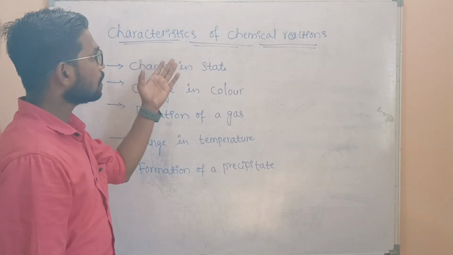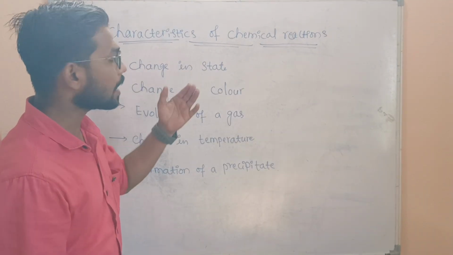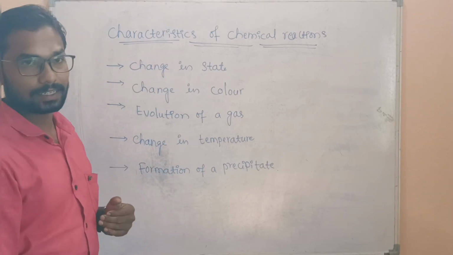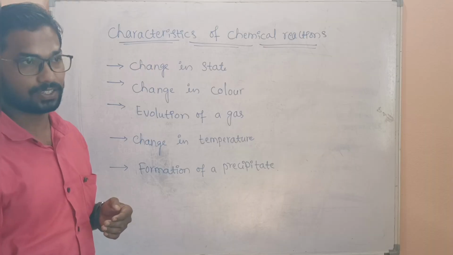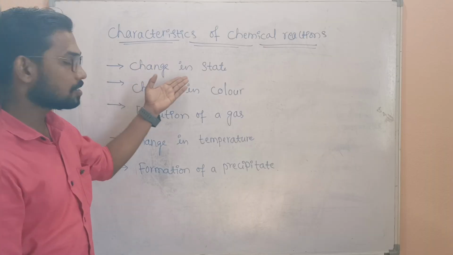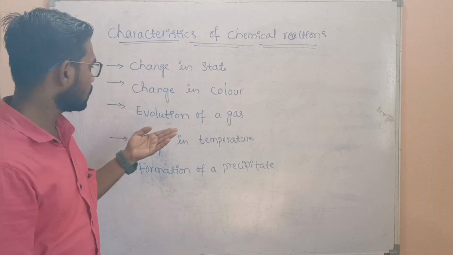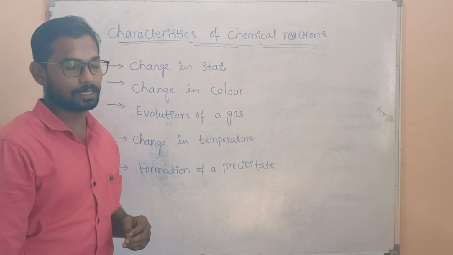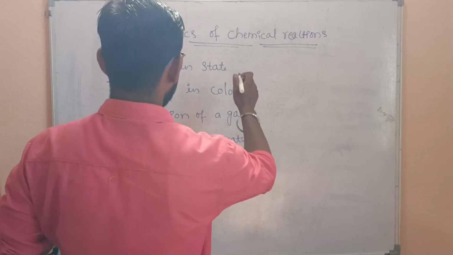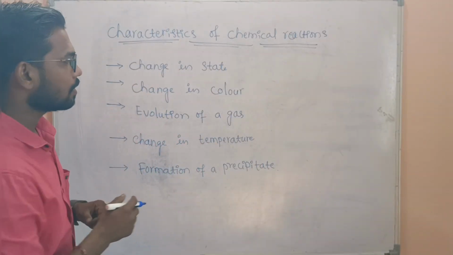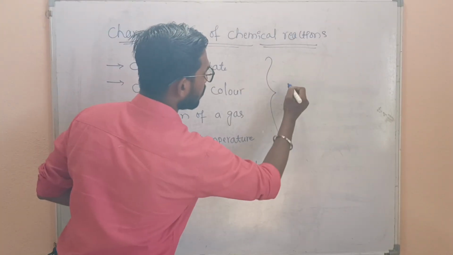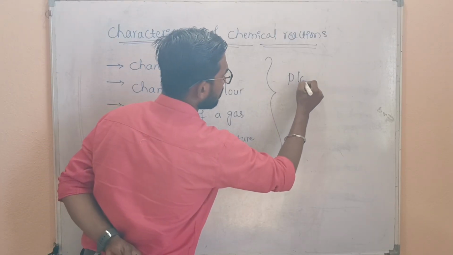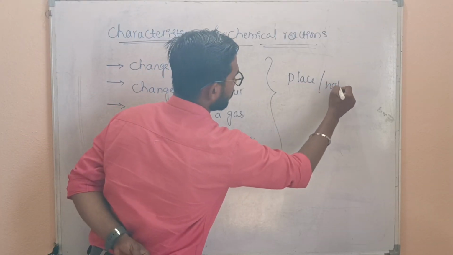Here you can see, to know whether a chemical reaction has taken place or not, we have to go for these characteristics of chemical reactions. It should be change in state, change in color, evolution of gas, change in temperature, formation of a precipitate. These are the very important conditions that will give us the confirmation of a chemical reaction taking place or not.